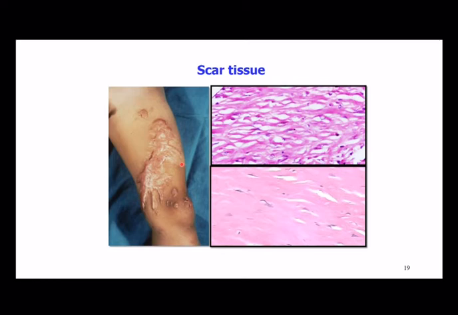It is pale and protrudes from the skin surface. The texture is stronger than neighboring skin. Under microscope, there are many wavy and parallel collagens and scattered fibrocytes, like this one. In this picture, the collagens undergo hyaline degeneration, showing a homogeneous pink appearance.